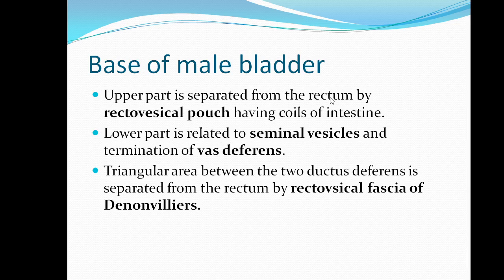The base of the male bladder is separated from the rectum by the rectovesical pouch having coils of intestine. The lower part is related to the seminal vesicles and termination of the vas deferens. The triangular area between the two ductus deferens is separated from the rectum by the rectovesical fascia of Denonvilliers.